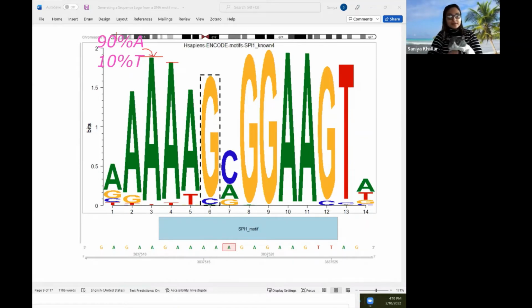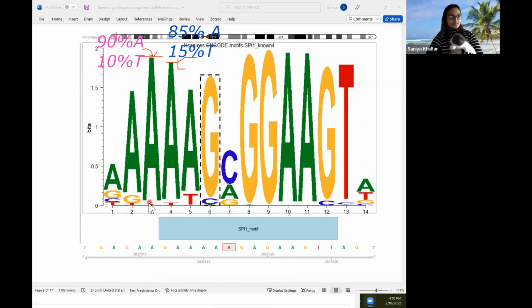This one, on the other hand, could have more uncertainty about A. Even though it's a slight difference, this height is taller because we are more confident about a majority base A here. And it's really high, close to 2, because we're kind of singled in on A or T, but T is so small.